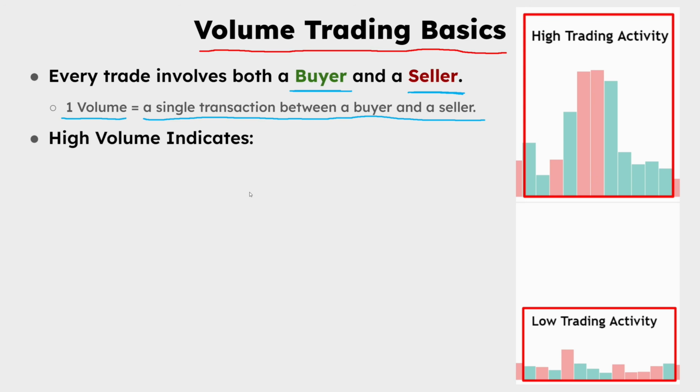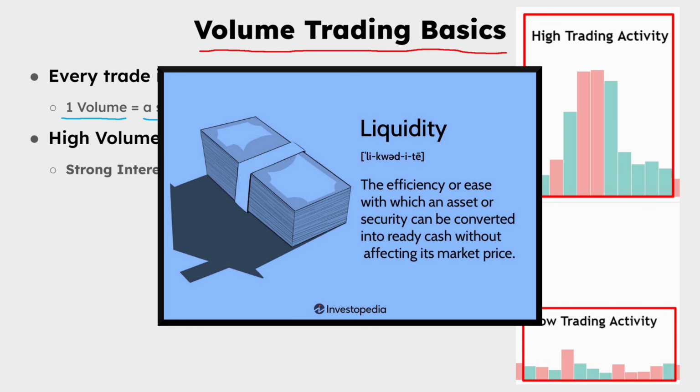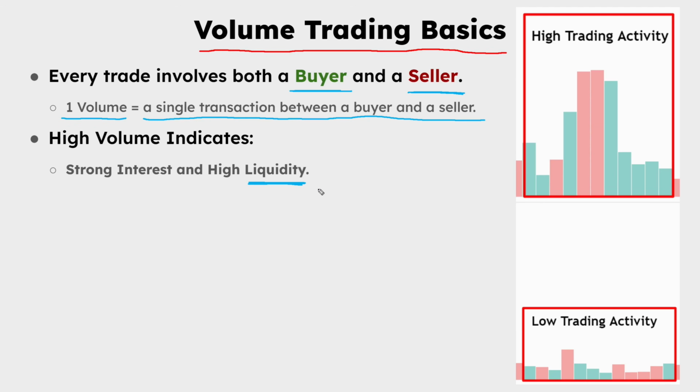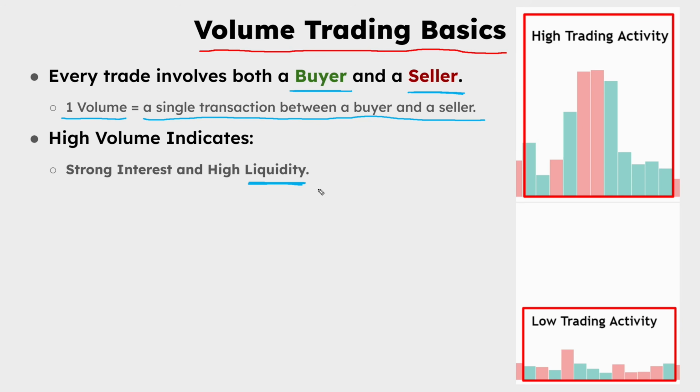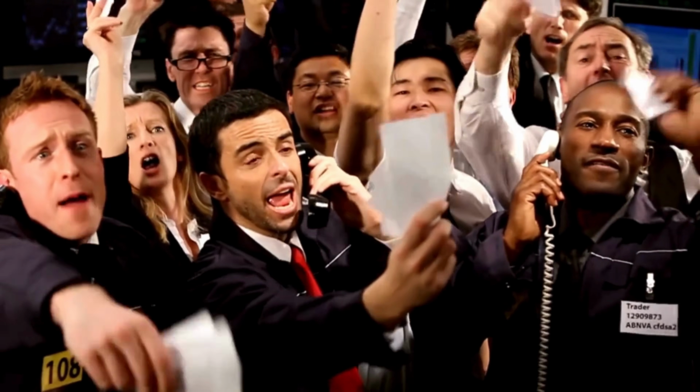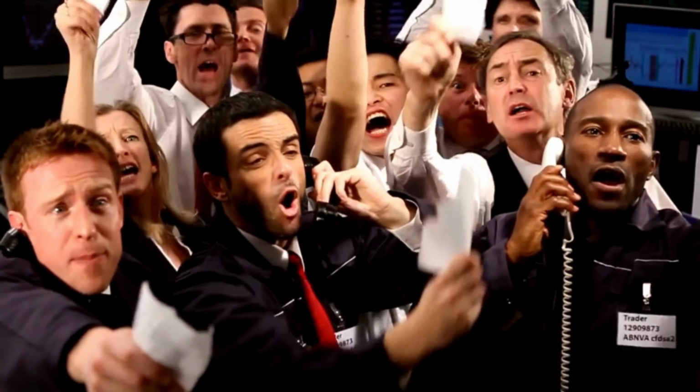Now let's take a look at what it means when we talk about high volume. Well, high volume indicates strong interest and high liquidity. And in simple terms, liquidity basically means how easy it is to sell something. So for example, if you have a Tesla stock or an Apple stock and you want to sell that stock, it will be very easy because there are always tons of buyers available that want to buy your stocks.